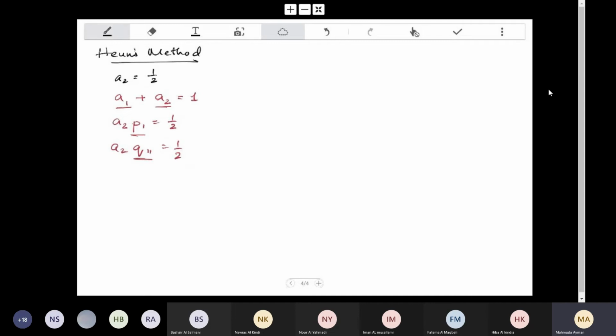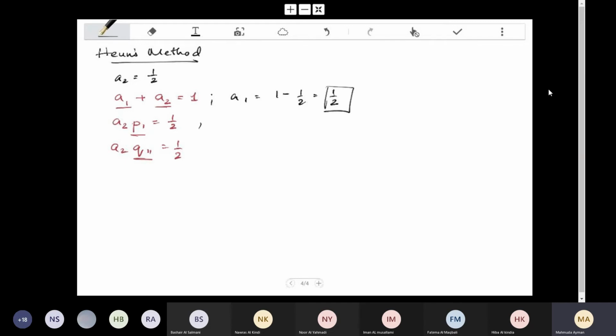So if you choose a2 as half, then from this one here, you can see that a1 will be 1 minus half, which is half again. So a1 will be half.